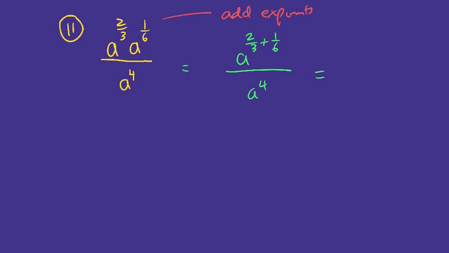On top, with the 2/3 and the 1/6, we need a common denominator again. 3 and 6, the common denominator is 6. So on this first fraction, we're going to multiply 2 in order to get that 3 to 6. So we got 4 over 6, multiplying 2 on top and bottom.